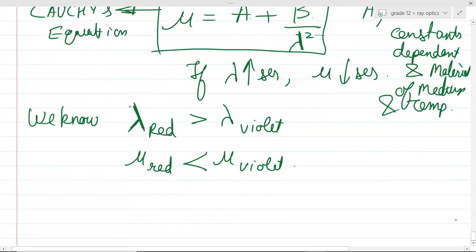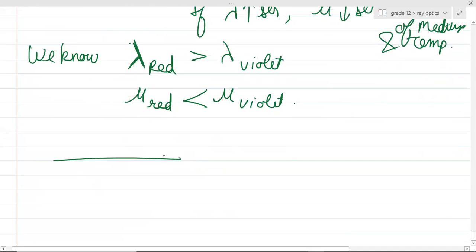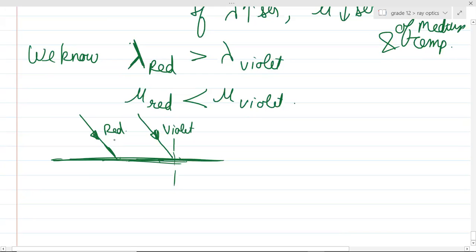That implies that if there is a medium in which you have incident, let's say, red light and violet light at the same angle of incidence, can you tell me in this case and this case, let's say it is bending towards the normal, this angle of refraction is R1, this angle of refraction is R2.